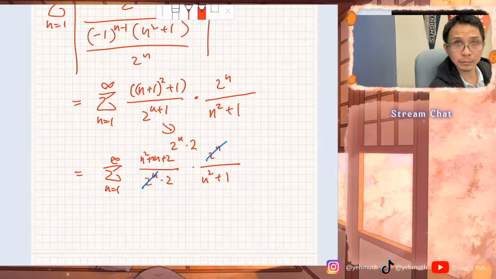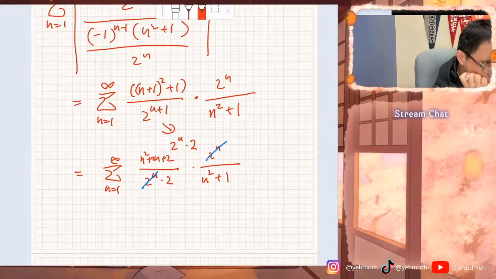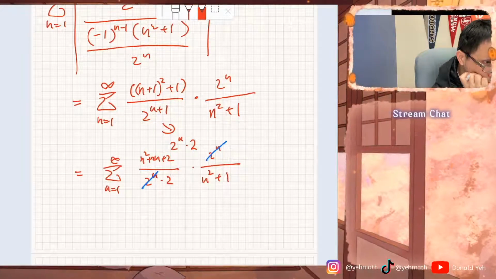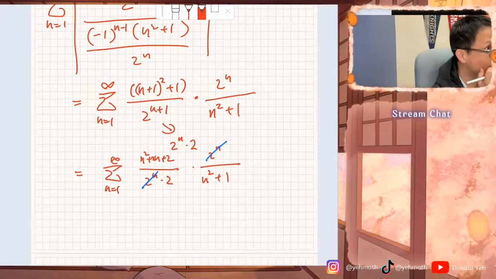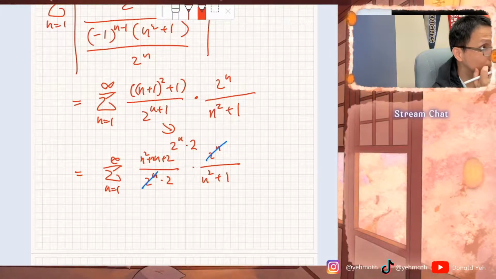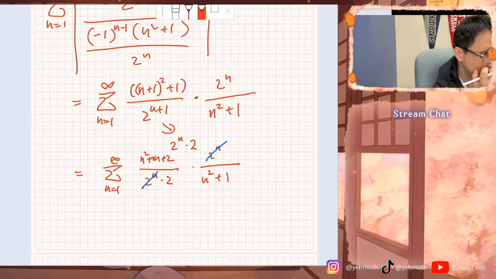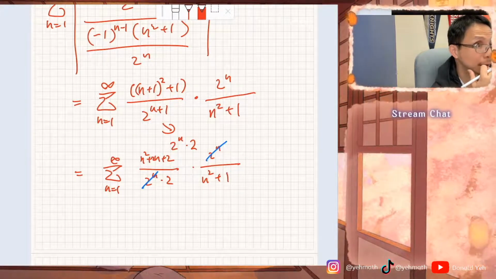From n plus 1 squared. There was n plus 1, but it can't be. Do you understand how I cancel? She doesn't understand what's the point of expanding if you cannot cancel it out. Well, because later on we can take the limit as n approaches infinity.